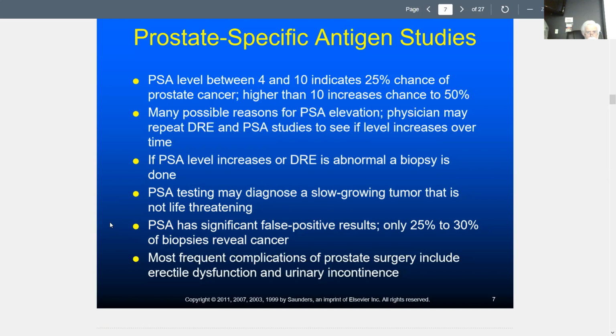So the level of PSA is predictive of whether or not the chances of prostate cancer are going up.